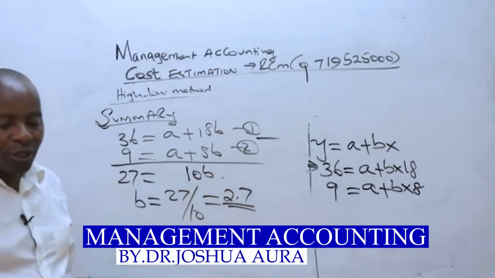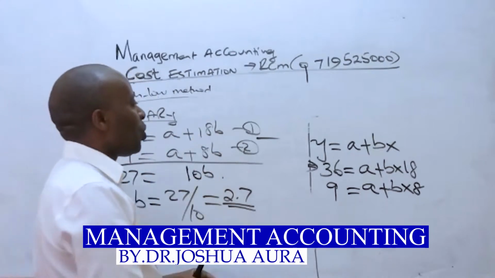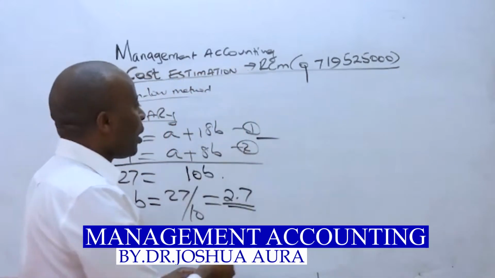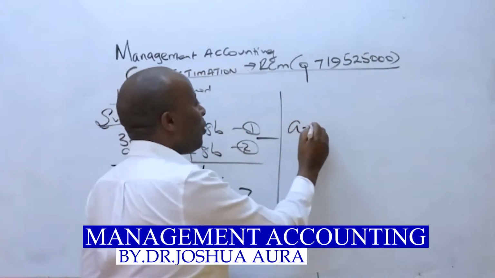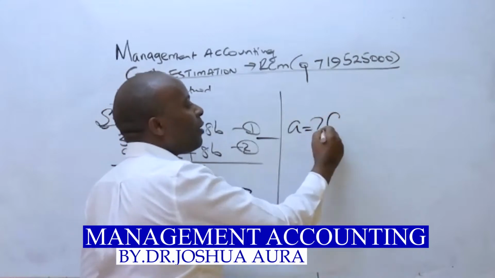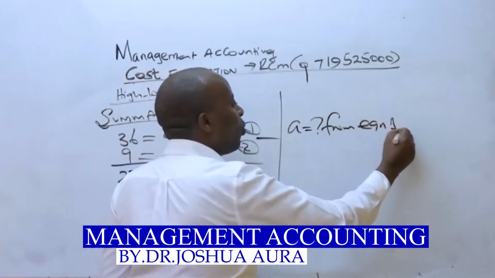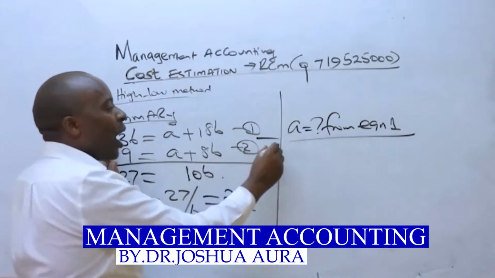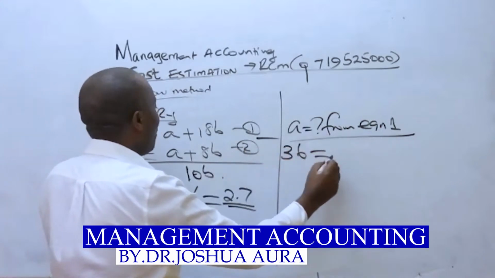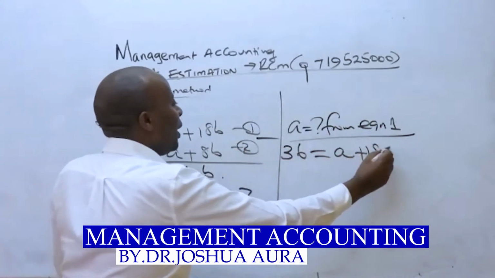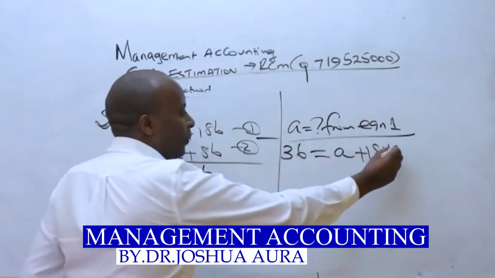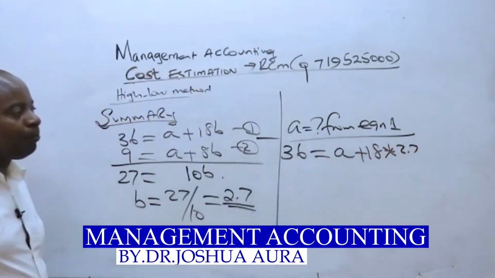So through substitution, what do we have? We'll say here, what is the value of A from equation 1? So from equation 1, we have 36 equals A plus 18 times B, whose value, fortunately, we have, which is 2.7.